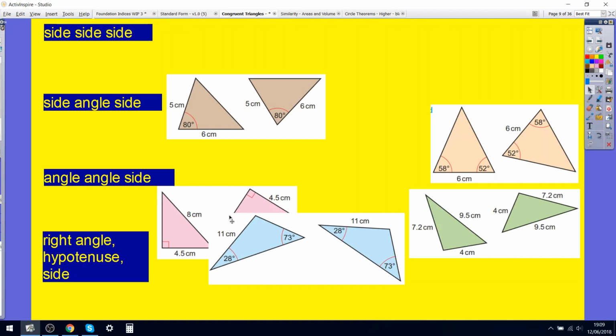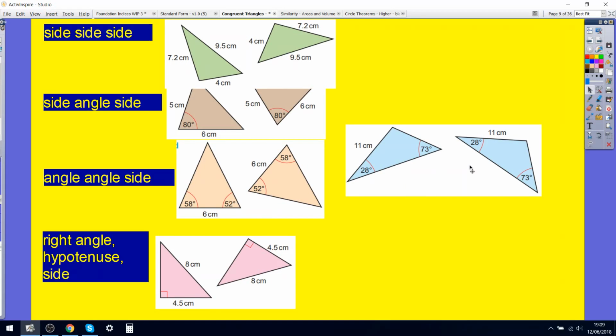How about this one? Angle, side, angle, I think. How about this one? Side, side, side. And this last one? Angle, side, angle, I think.